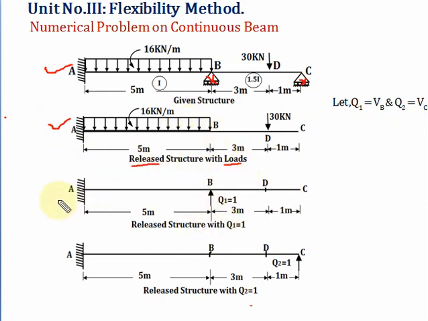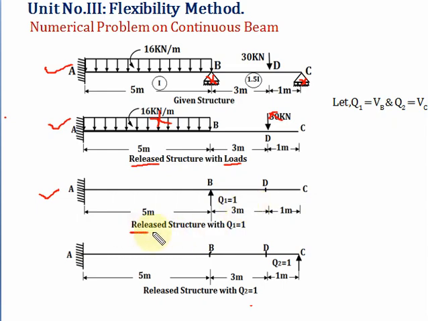Now if you see figure number 3, it is a release structure with Q1 equal to 1. In this figure, the external loads, that is the uniformly distributed load in member AB as well as the point load of 30 kilonewton at D, are removed. And at our first unknown, that is vertical reaction at B, we have applied Q1 equal to 1.